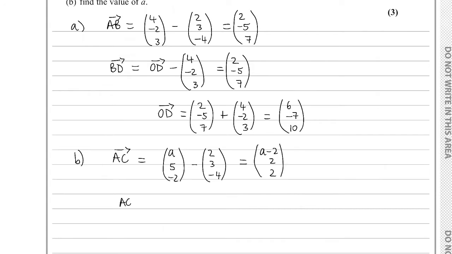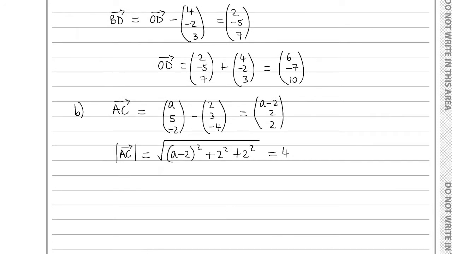The magnitude of AC is simply found by applying Pythagoras theorem in 3D. So it's the square root of (a - 2) squared plus 2 squared plus 2 squared. And we've been told that this is equal to 4. So (a - 2) squared plus 4 plus 4 is 16.